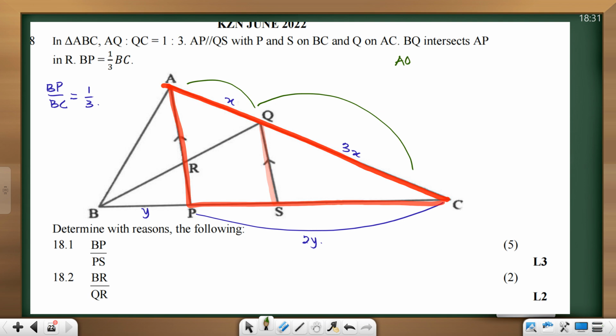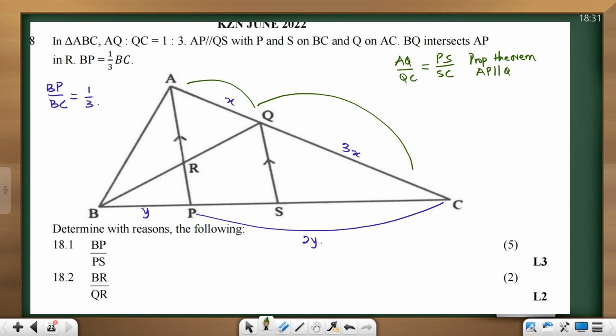So AQ over QC will be equal to what? PS over what? SC. What do you write? Prop theorem. And which lines are parallel? AP parallel to what? QS.